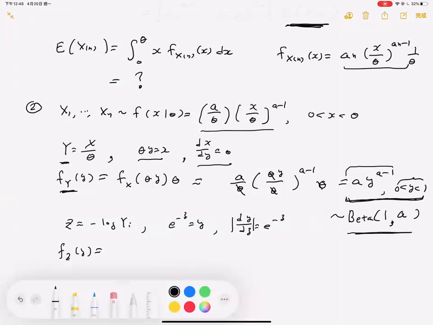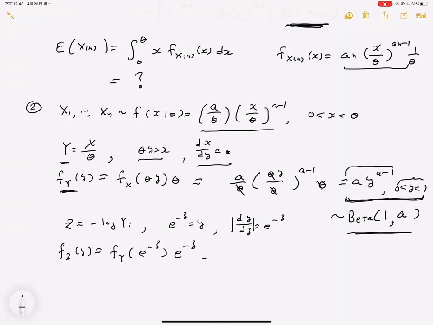Then you work on your original PDF, plug in the new y, and then the Jacobian, plug in the transformation, Jacobian. So plug in e to the minus z, then it becomes a times e to the minus z to the a minus 1, and then times e to the minus z becomes a e to the minus a z.